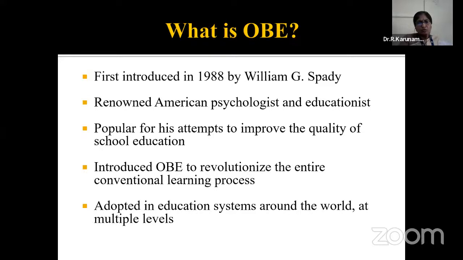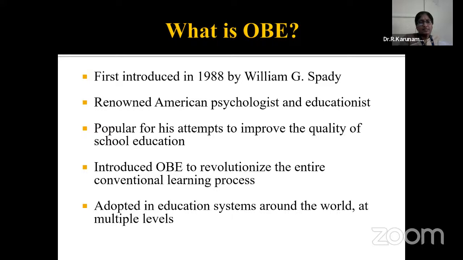He introduced outcome-based education to revolutionize the entire conventional learning process, which tested only the memorizing skill of the students. He wanted to test the overall development among the student community, and also he did not want to restrict it with time.